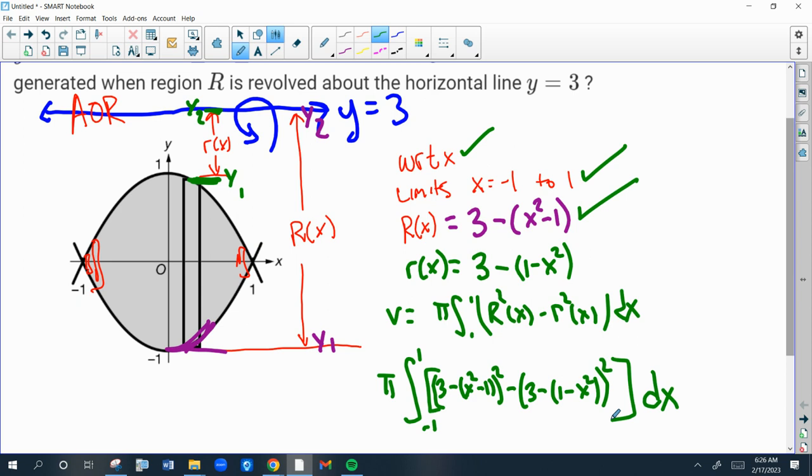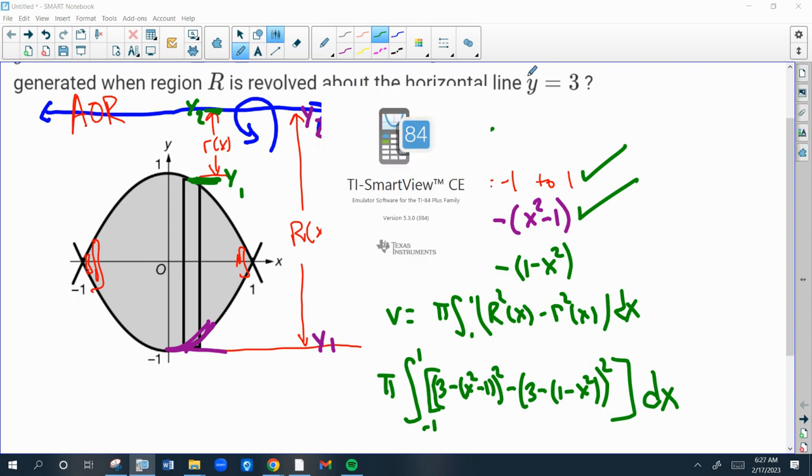You can easily do this without a calculator. It's just kind of a nuisance. You'll have a fourth degree polynomial. I'm going to grab my calculator. So here we go.